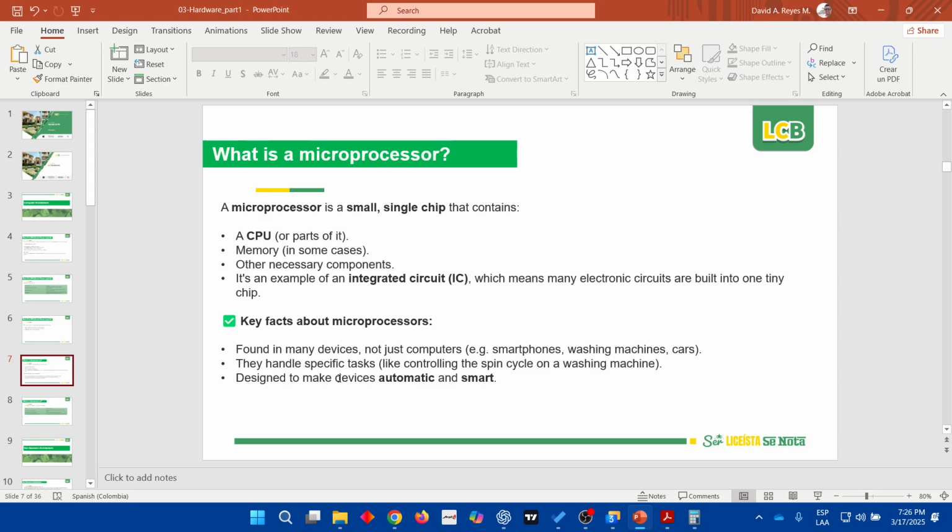Those microprocessors handle different but specific tasks. For example, the microprocessor that a microwave has executes a specific task. Those are designed to make devices work in an automatic way, or smart devices.